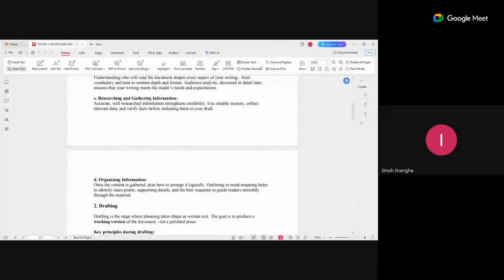But there are other forms of writing that are based on inspiration. You don't need to plan for it. The way you are inspired is the way you write it. Probably like storytelling. So planning is very, very essential in technical writing.